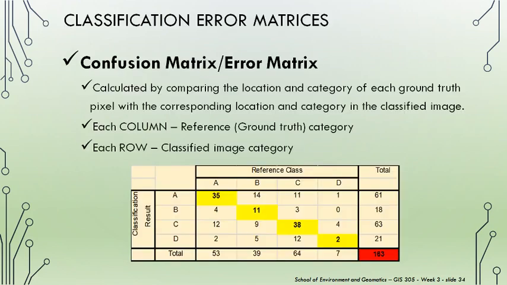Okay, and once you have your reference data, your reference samples, not your training samples, you can produce what is called an error matrix, or often called also a confusion matrix. And this is a table, essentially, where each and every one of your reference samples is run and compared to what the classified image says it found for that given location.